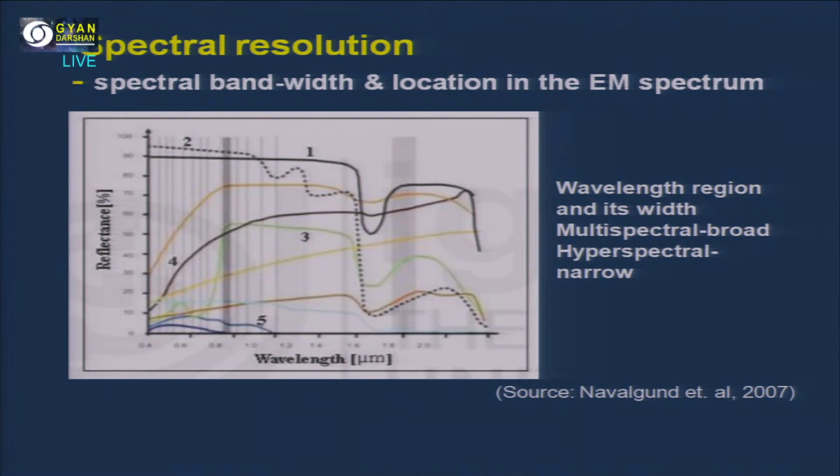Some lines are finer and others are thicker. This means the finer the spectral resolution, the narrower the wavelength range for a particular band. And you see multispectral data has coarser spectral resolution, whereas hyperspectral data has narrow contiguous bands.